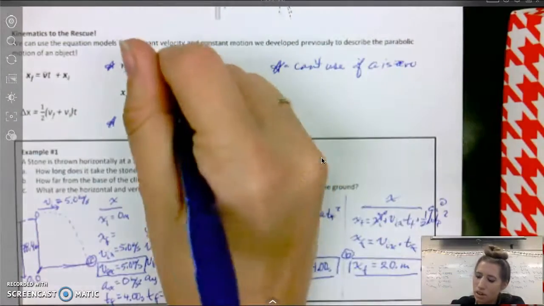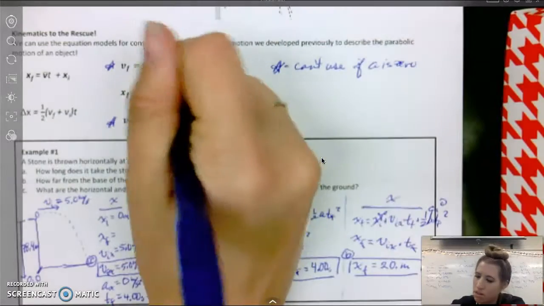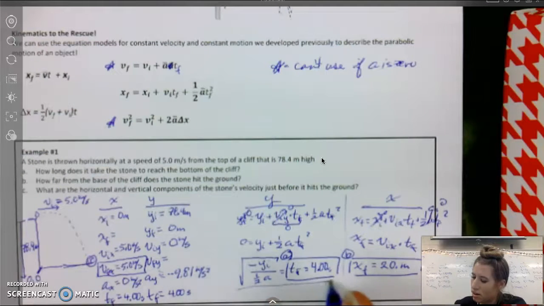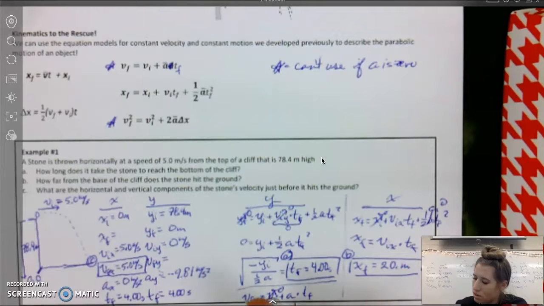So really, we could change that delta t to be t final. Okay, and so this last component here in the y, velocity final equals velocity initial plus acceleration times t final. That's 0. So velocity final equals acceleration times t.